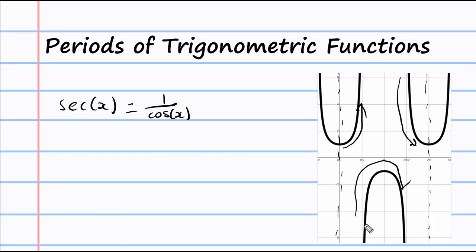It goes up, it goes back down, takes a big U-turn there, and then it comes from up, down, and then it's going to start repeating itself again. So the function secant of x has a period of 2 pi.